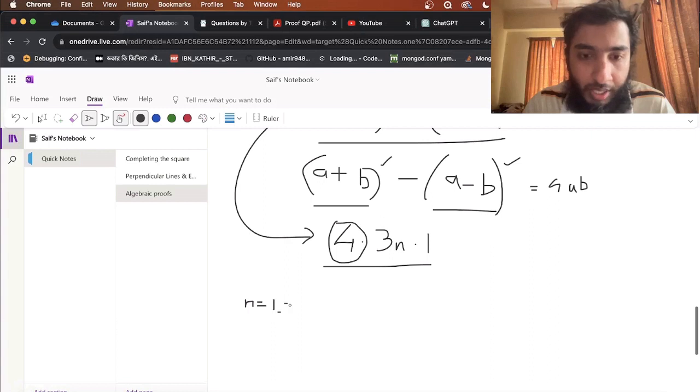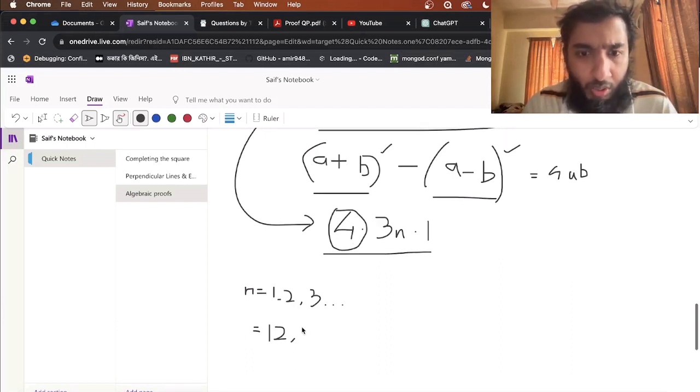So if I use n equals 1, 2, 3, dot dot dot, for all values there will be what? If I use n as 1, it will be 12. If I use n's value 2, 3 multiplied by 2 is 6, and 6 multiplied by 4 is what? 24.